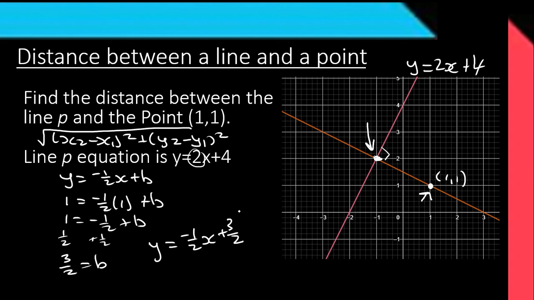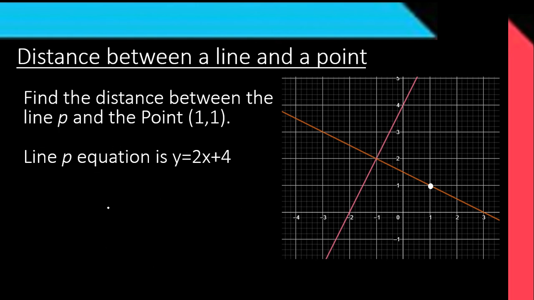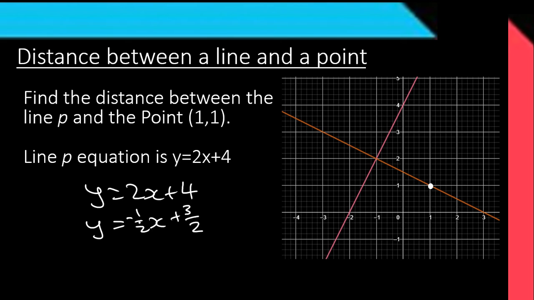So what I need to do now with this equation and this equation is work out where the two intersect. I'm going to have y = 2x + 4 and y = negative 1/2 x + 3/2. Just because now I need to do systems of linear equations, I either need to make them equal each other or I can use elimination.